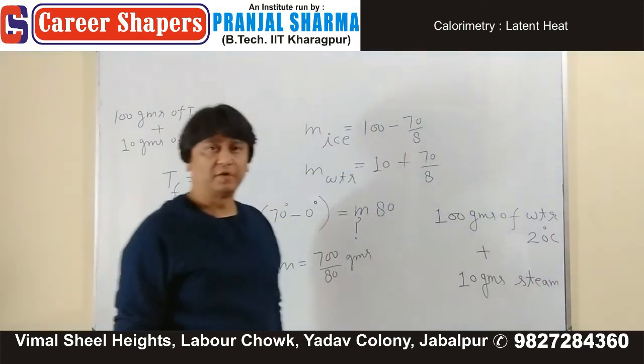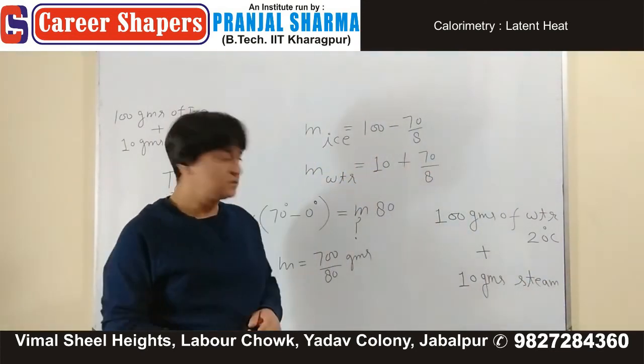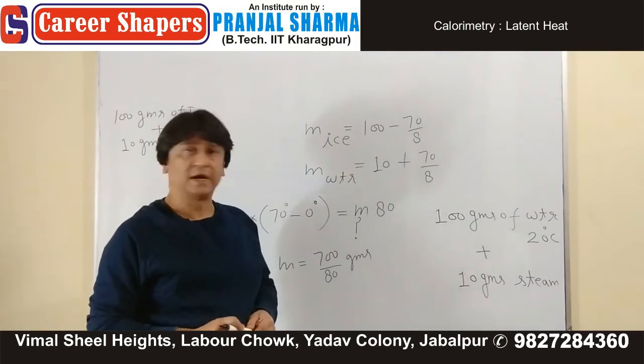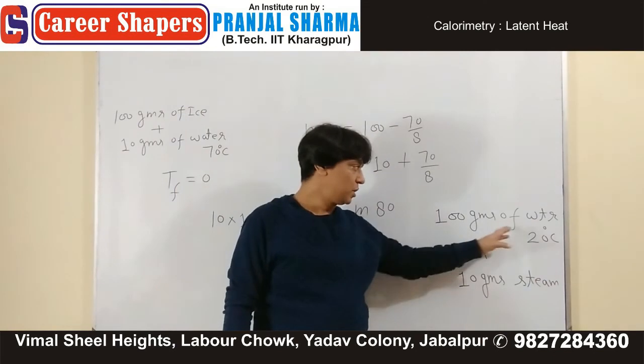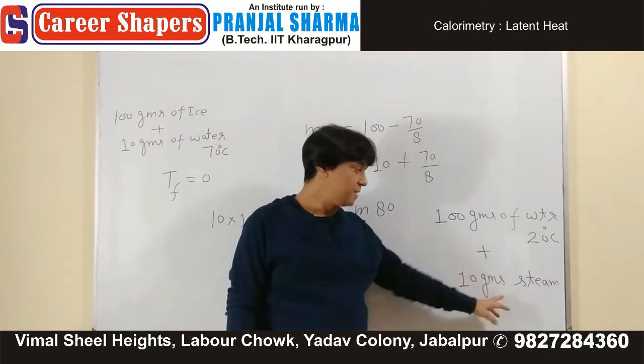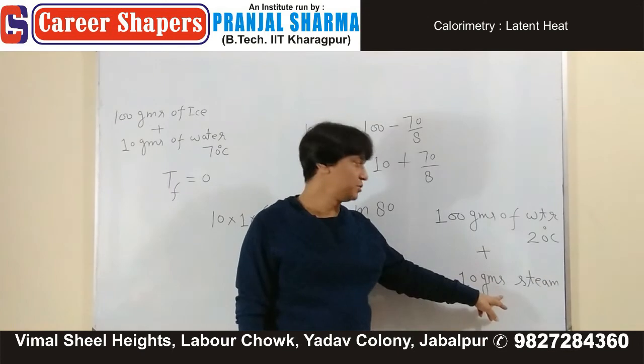If nothing is given, then it means steam is at 100 degrees Celsius. So with 100 grams of water and 10 grams of steam, find out the final temperature.